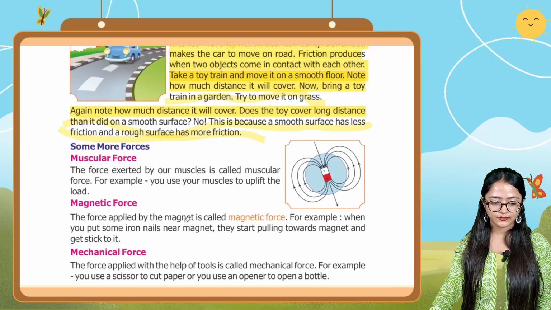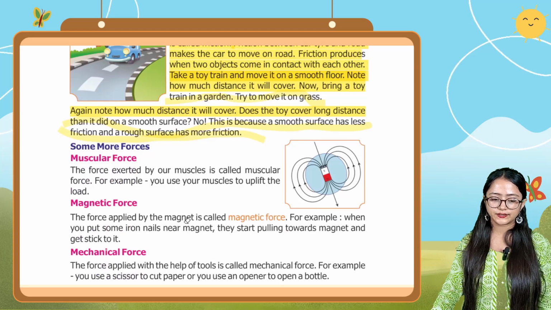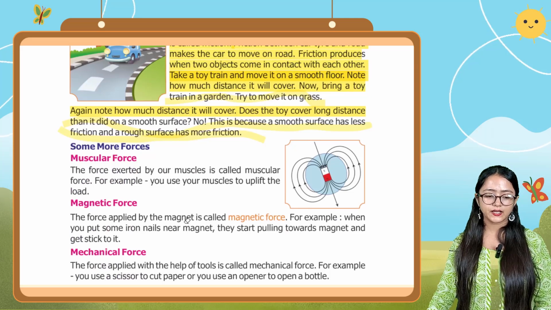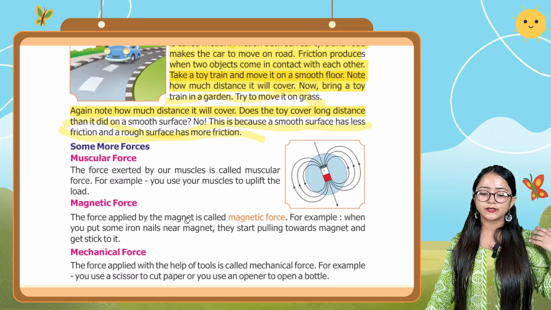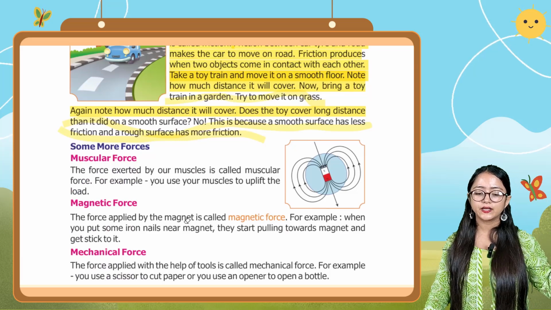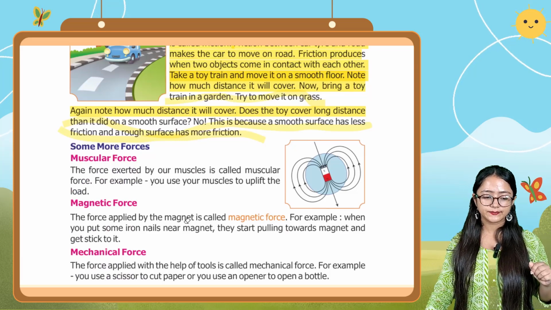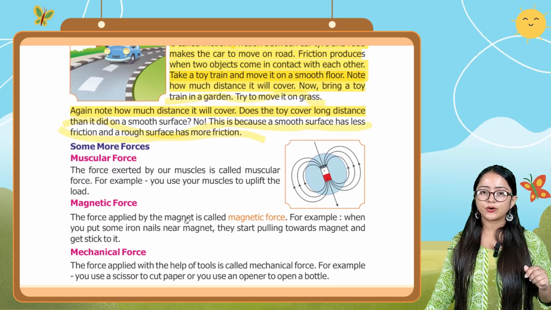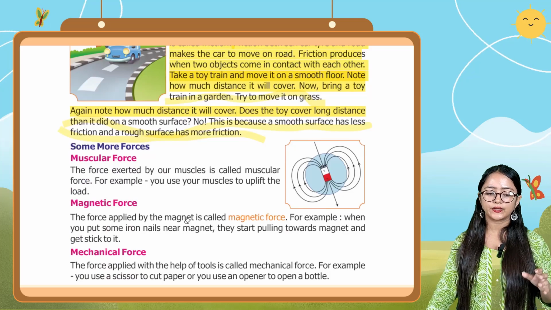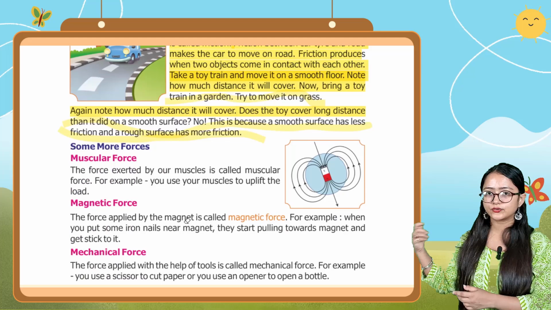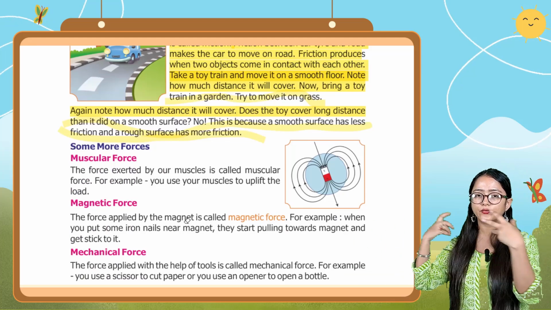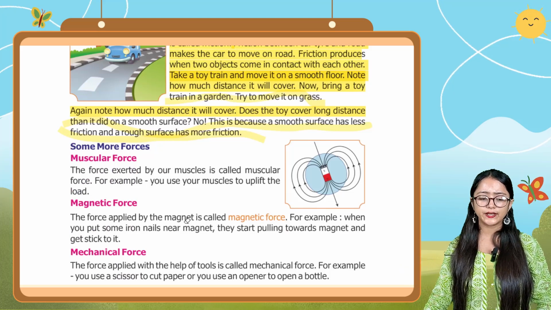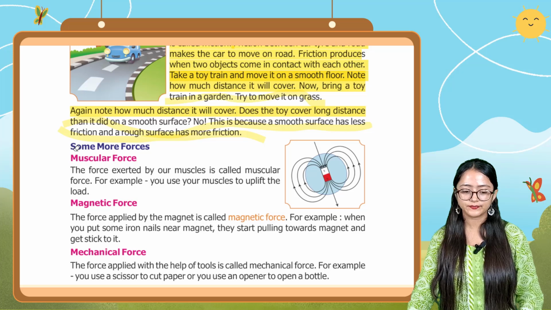Now some more forces are there. The first one is muscular force. What is this? The force exerted by our muscles is called muscular force. For example, you use your muscles to uplift a load.